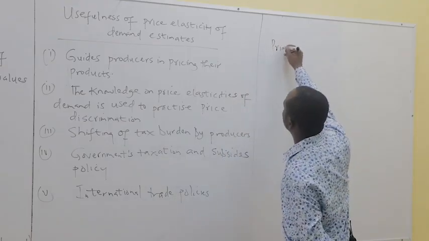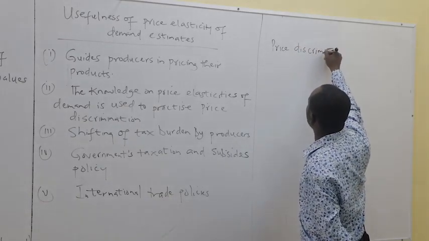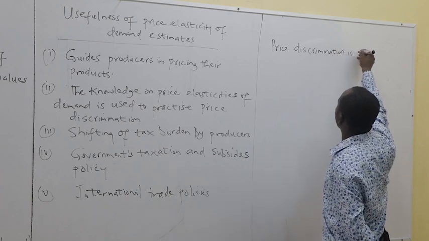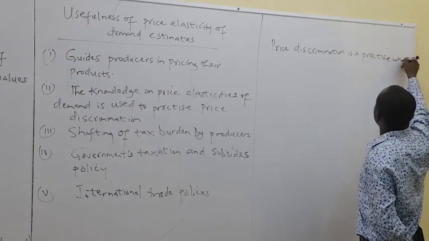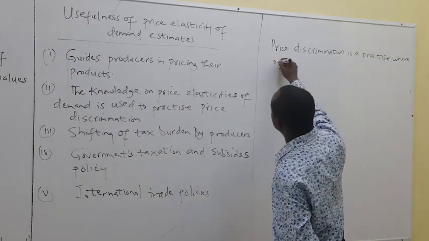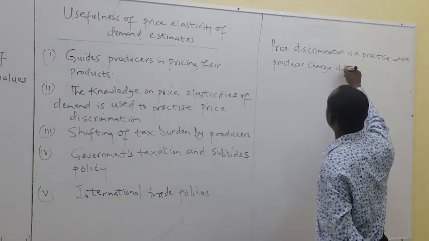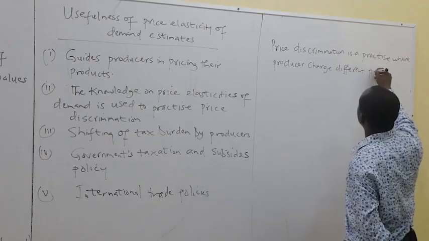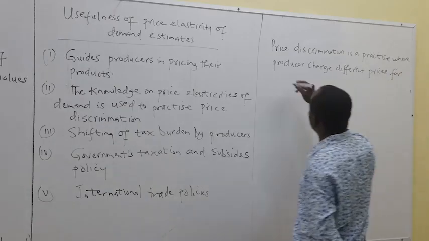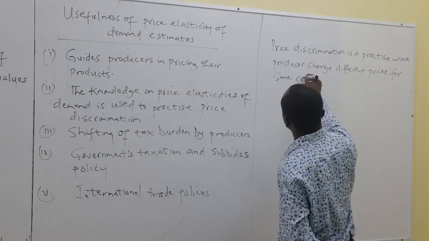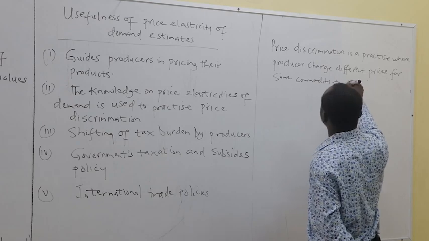Price discrimination is a practice where producers charge different prices for the same commodity to different consumers.